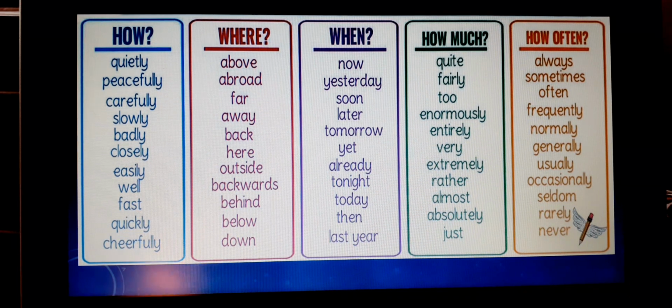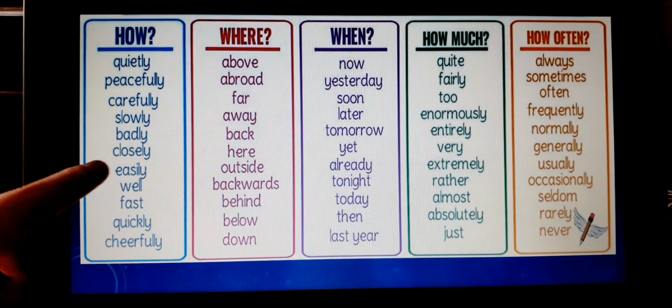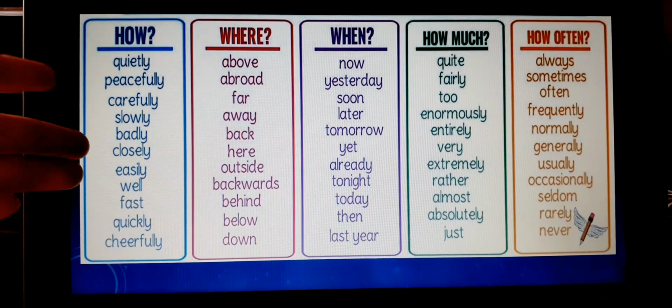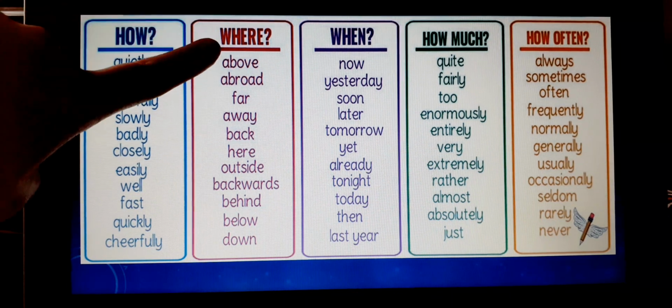But we have some questions, some WH questions, right? First of all, how. We can answer the question how with quickly, for example, fast, well, easily, badly, slowly. We have the other question, which is where.